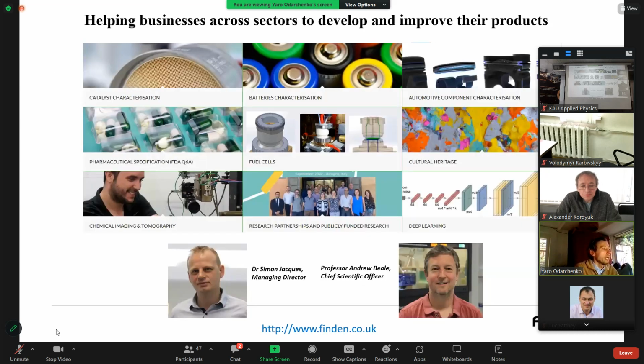So essentially, from what I have seen of the speakers so far, my background is a bit different in the sense that I'm presenting here from industry. It's also important that we're a company enabling access to synchrotron facilities.